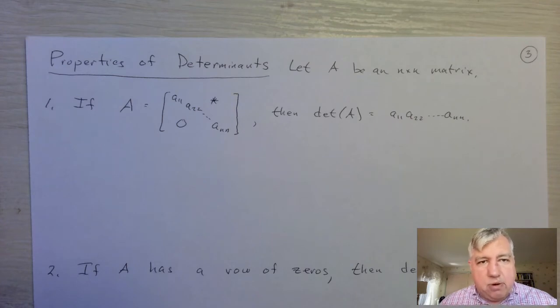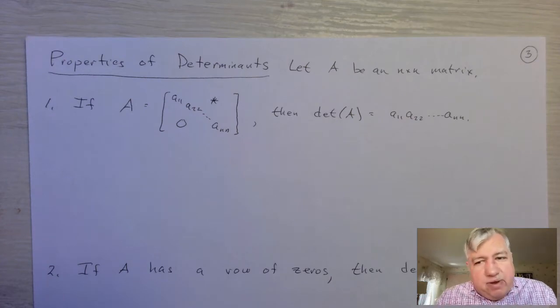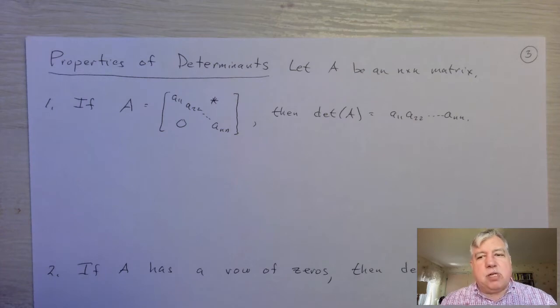And to do that, we're going to talk about some of the properties of these determinants. We're going to give some informal proofs of this. I want you to be able to understand the basics of it. You're not going to need to reproduce this on a test.